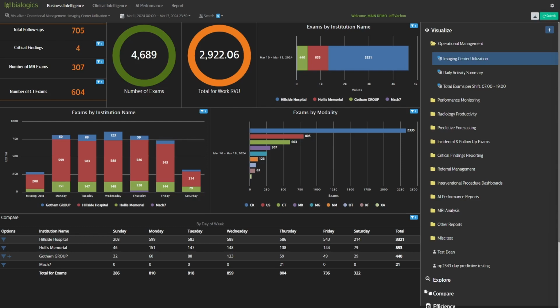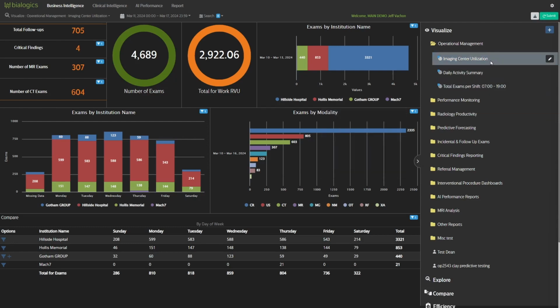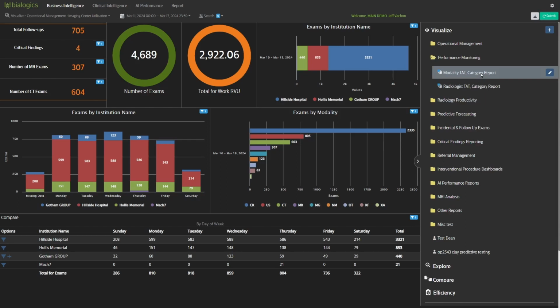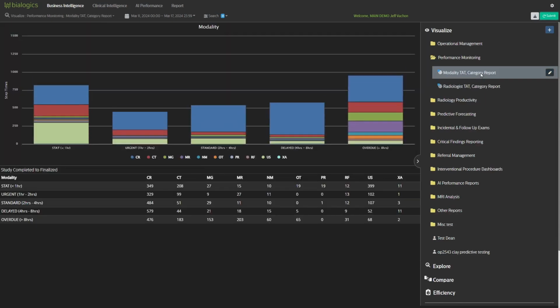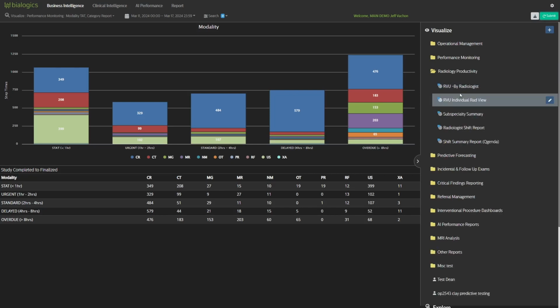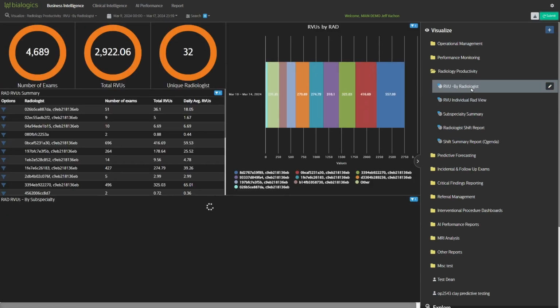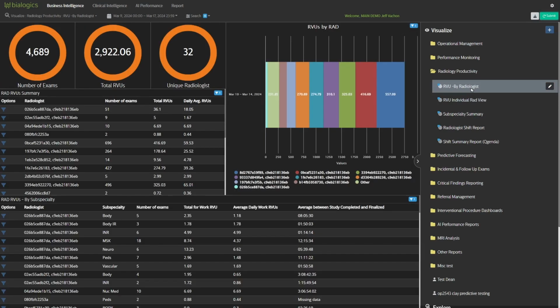So examples of this type of data are seen here. For imaging center utilization, for example, we go into performance monitoring for turnaround times by category, by all sorts of different analysis. We look at radiology productivity, so we can look at things like RVU production by radiologists.